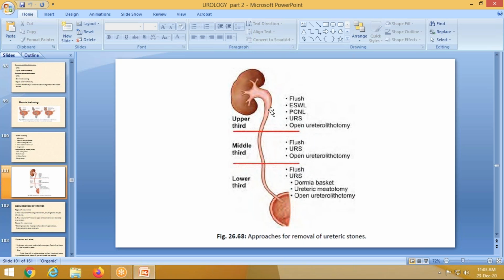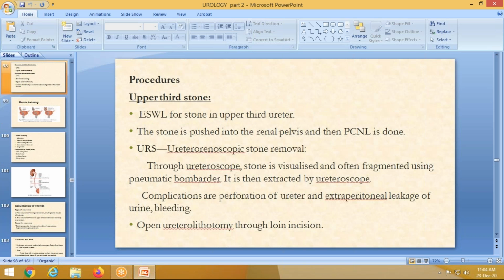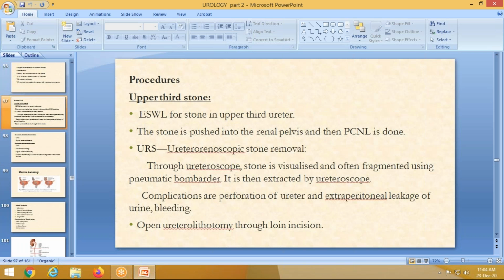Depending upon the location of the ureteric stone, you should go ahead with the surgical intervention. Suppose it is present in the upper ureter, what will you do? ESWL, shock wave therapy, may be given if the stone is located in the upper ureter.